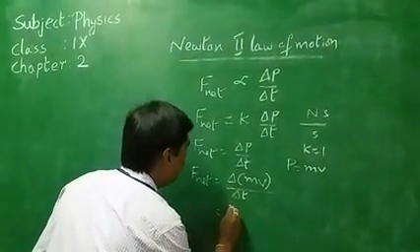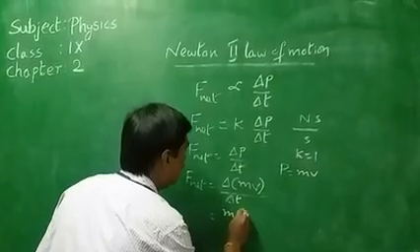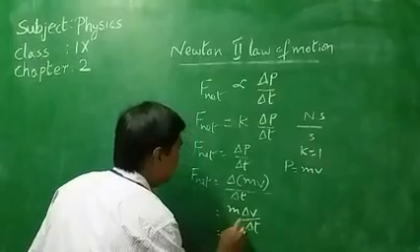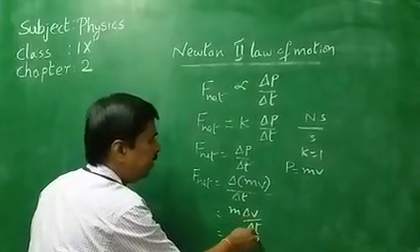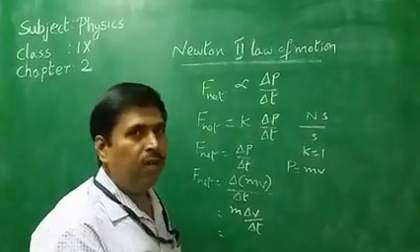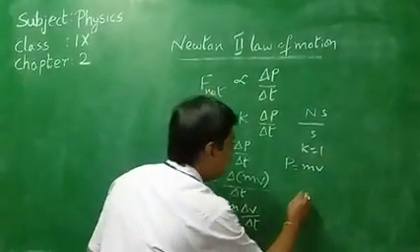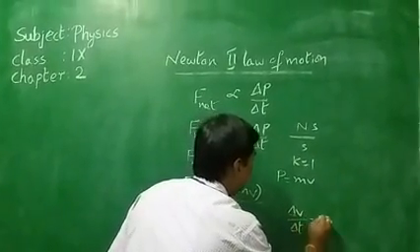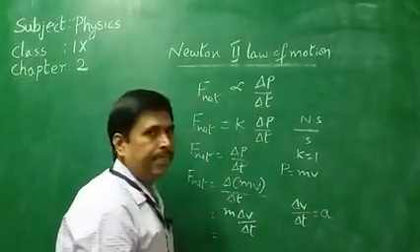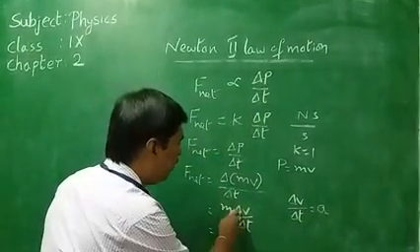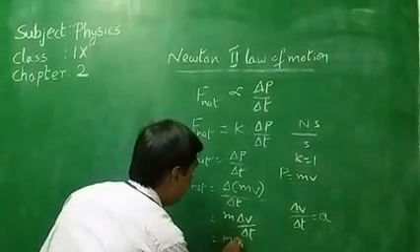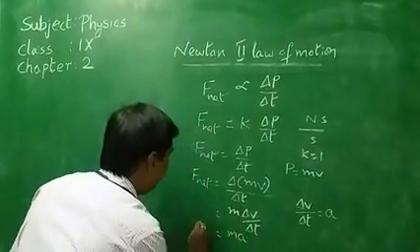We get mass into delta V by delta T. This delta V by delta T is nothing but rate of change in velocity, which is called acceleration. So in place of delta V by delta T, we use the letter A, acceleration.